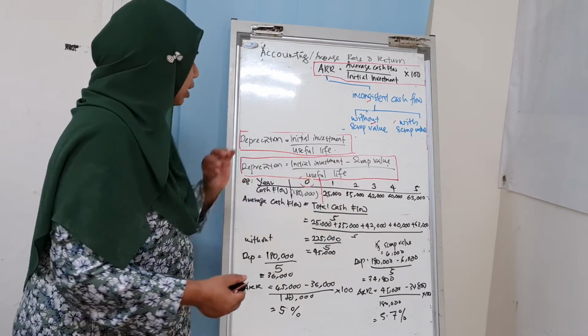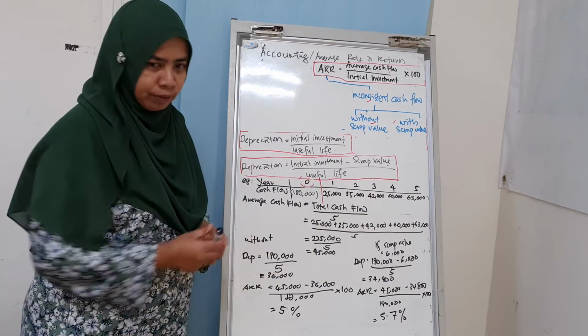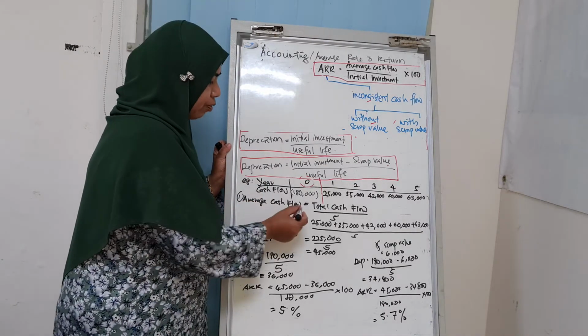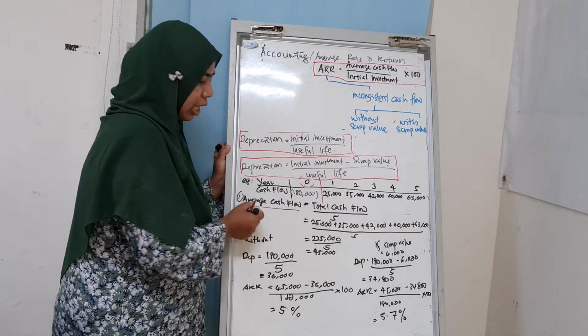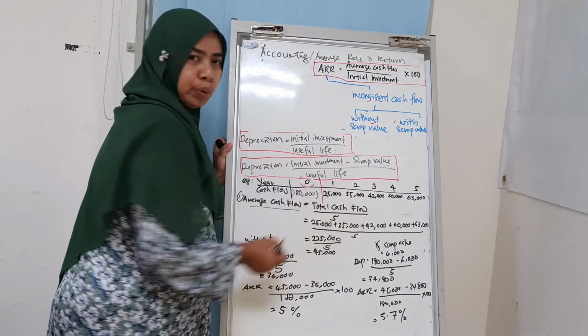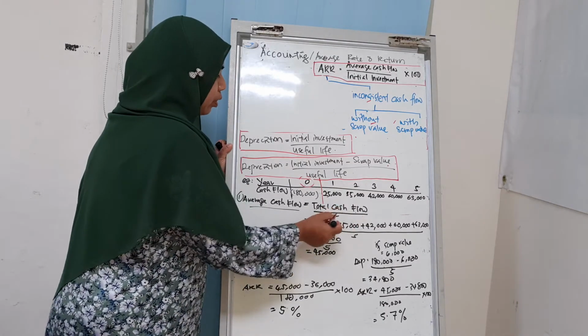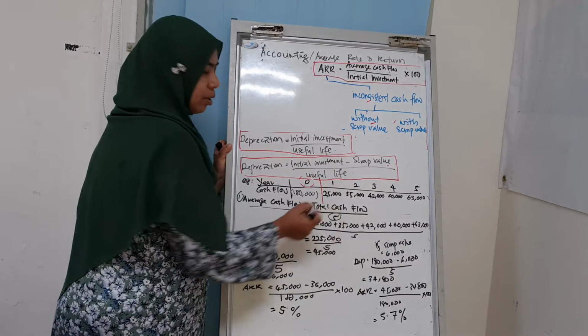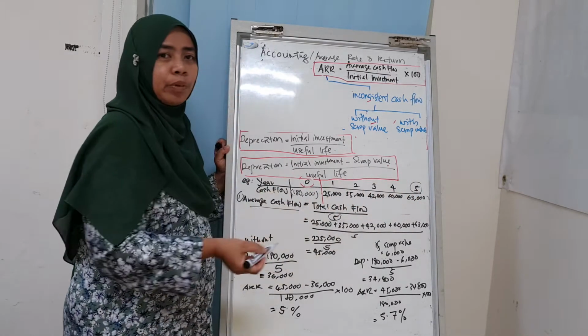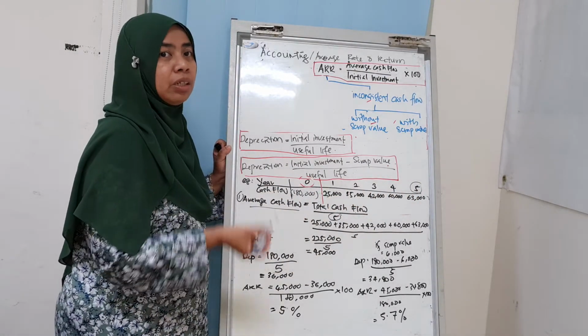If not constant, the first step is to calculate the average cash flow first, right? How to calculate it? Take the total cash flow and divide by 5. Why divide by 5? Because this project is 5 years. Let's say the project is 10 years, then you divide by 10, the useful life.